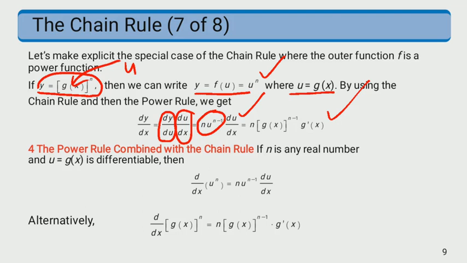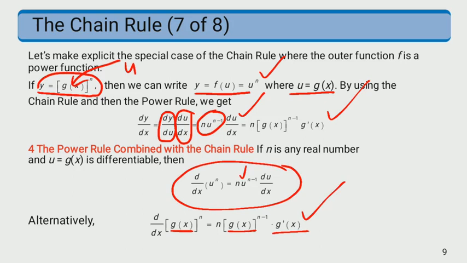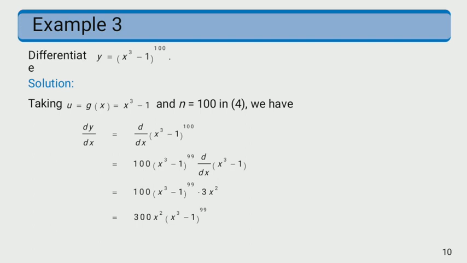And instead of u, you can replace u with g of x, and then you still have this function here. You have n g of x raised to the power n minus 1, but multiplied by the derivative of g of x. That's one thing which you need to keep in mind.